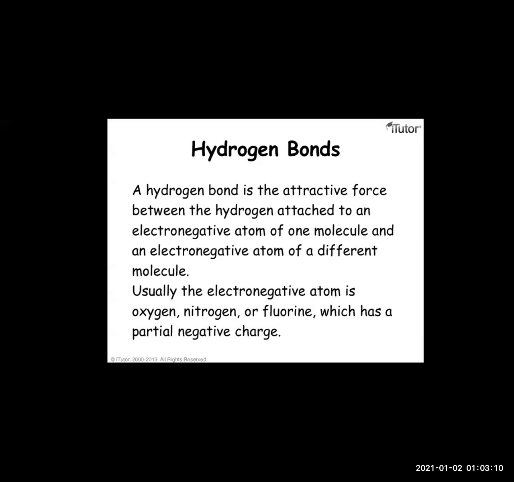Means the hydrogen bond is the attraction of the hydrogen to the electronegative atom of one molecule and another atom. So the hydrogen is attached to two different molecules as well as the atoms of the different molecules.